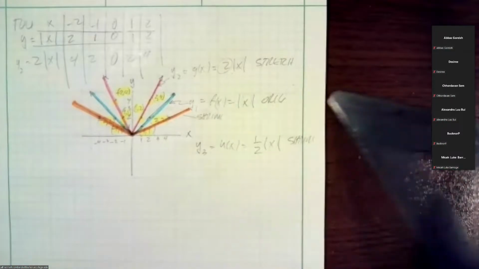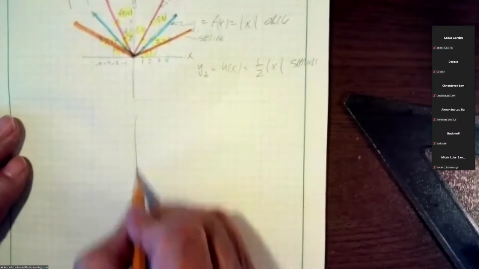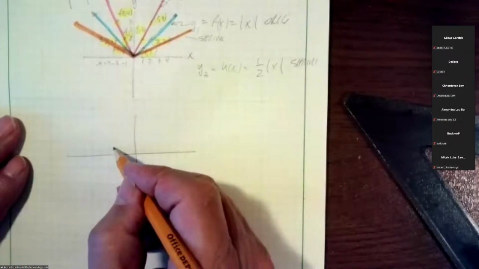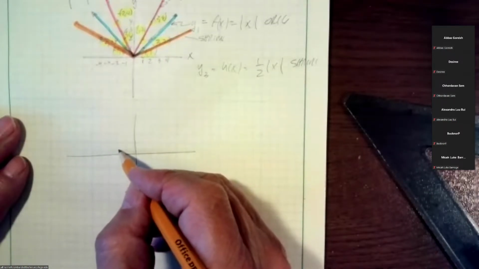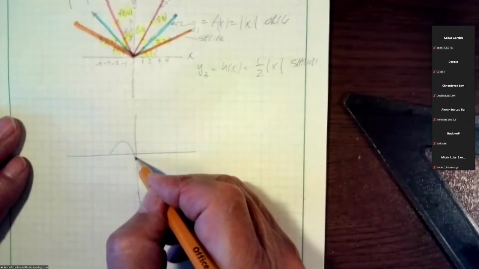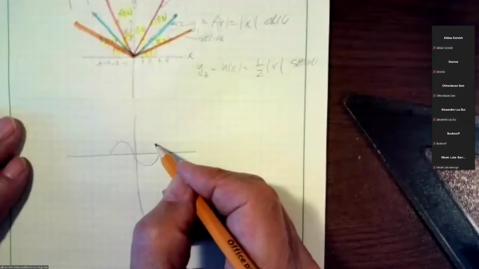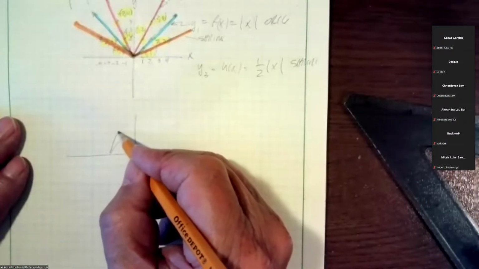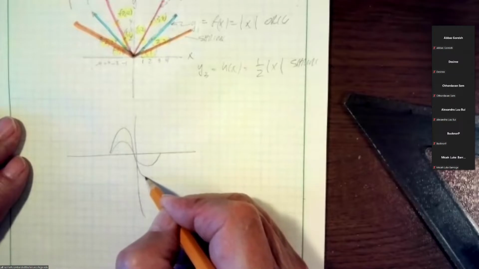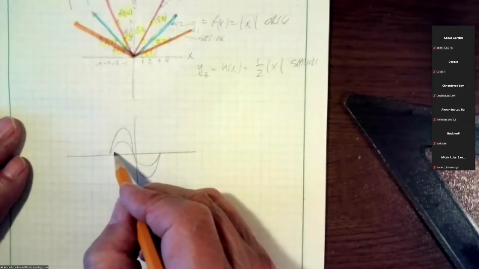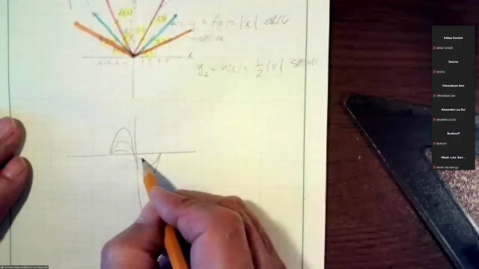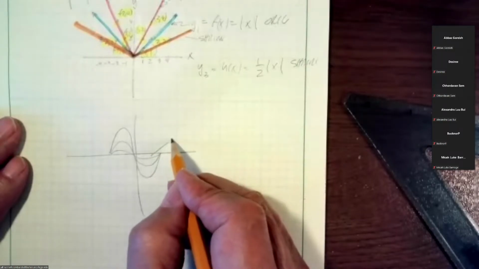Okay, and we can do that with curves that look like that. Say we have a curve that looks like that, and we can stretch it to a curve that looks like this, and we can shrink it to a curve that looks like that. So that would be shrinking.